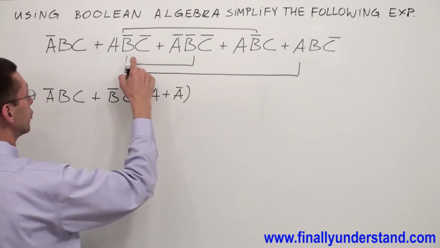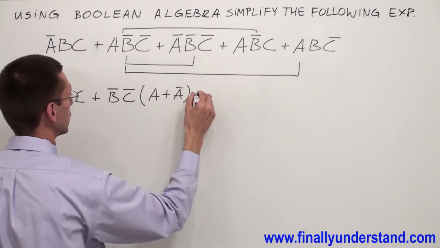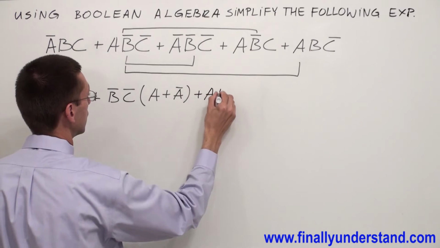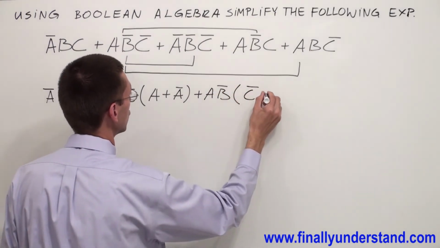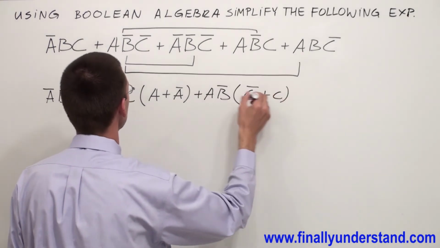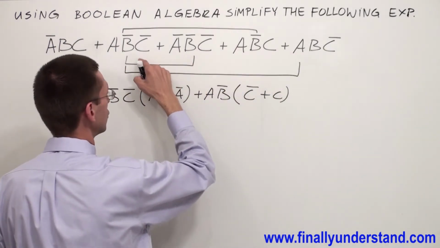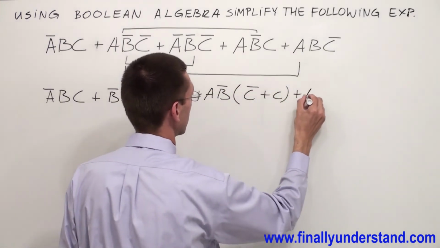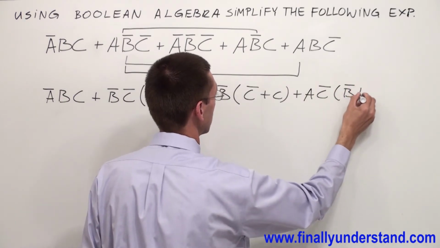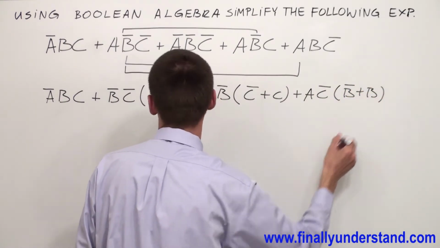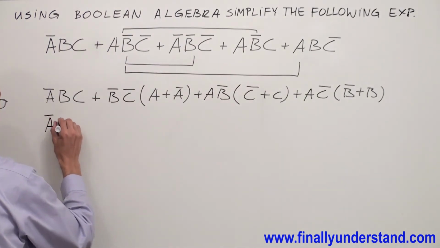We said that we're going to factorize a, b naught from these two terms, and I'm going to end up with c naught or c, and I'm going to factorize a, c naught from these two terms. I'm going to copy everything wherever I didn't use.